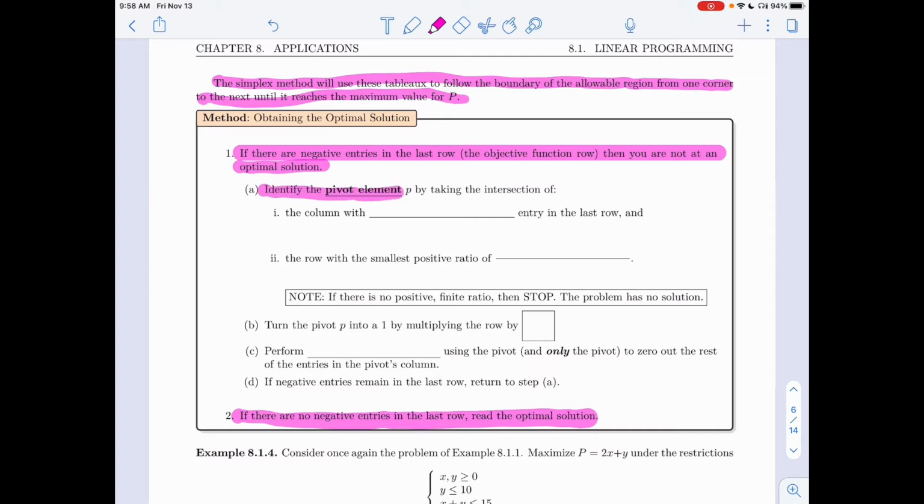You identify the pivot P by taking the intersection of the column with the most negative entry in the last row and the row with the smallest positive ratio of the entry in the last column and the entry in this most negative column.